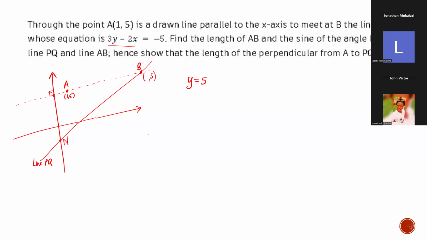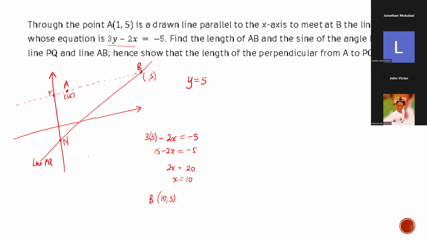So if I did 3 times 5 minus 2x is equal to negative 5. 15 minus 2x is equal to minus 5. So 2x is equal to 20, x is equal to 10, right? So the coordinates of B are (10, 5). Just want to confirm that that indeed satisfies the equation of both lines, and indeed it does. So B is at (10, 5).